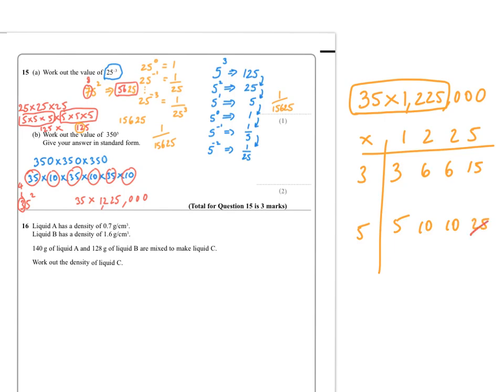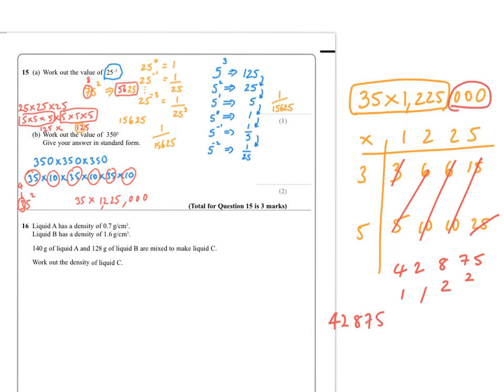And then the units, then the tens, hundreds, and so on. So I've got 42,875, but of course I missed out the magnitude of timesing by that 1,000. So there's the actual answer as an ordinary number.